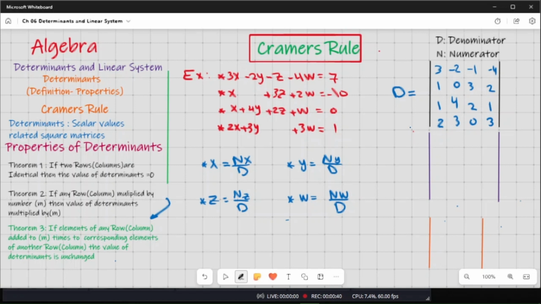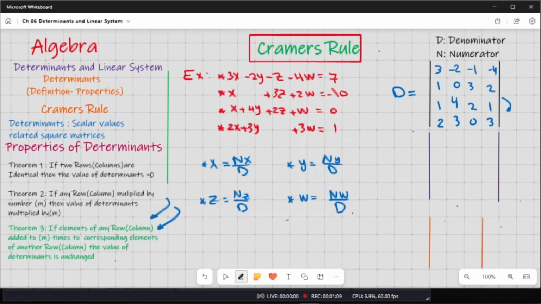Okay, so we can get the value of this determinant by using theorem 3. So we can convert this determinant to a determinant of order 3, so easily we can obtain its value.